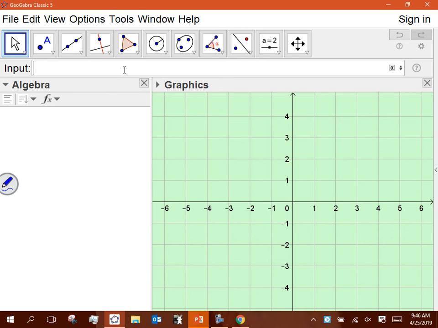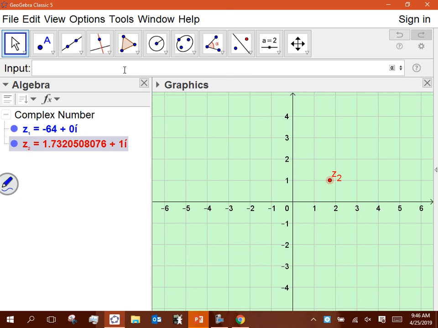If I type in, this is kind of what I was talking about. If I have negative 64 plus 0i as Z1, I want to be able to type in Z sub 1 to the 1/6 power, and I want it to give me all 6 of those nth roots, right?